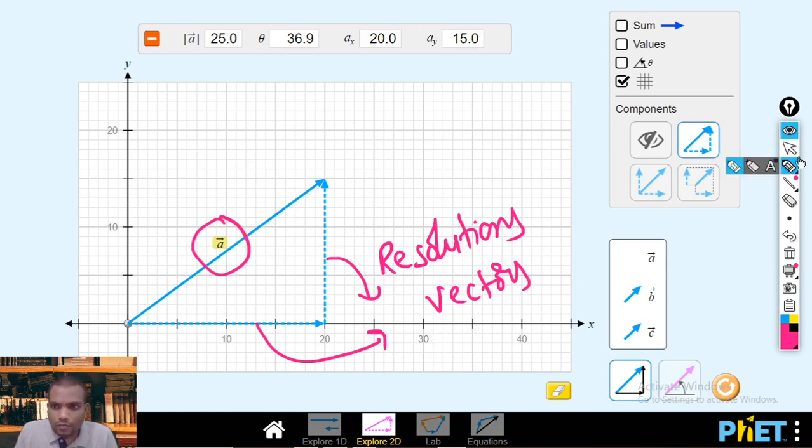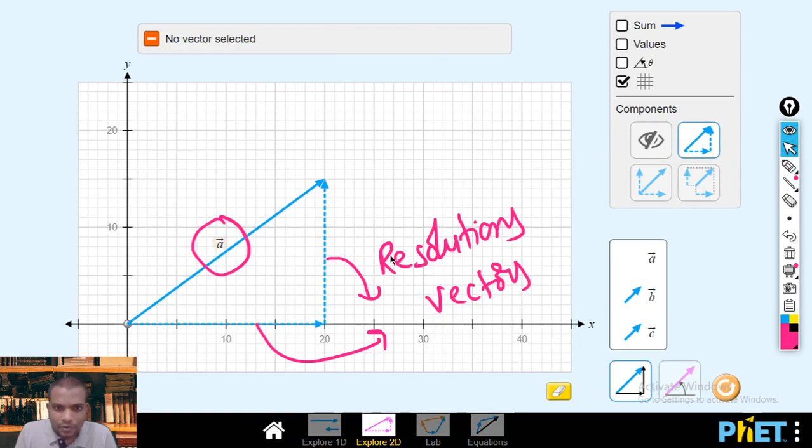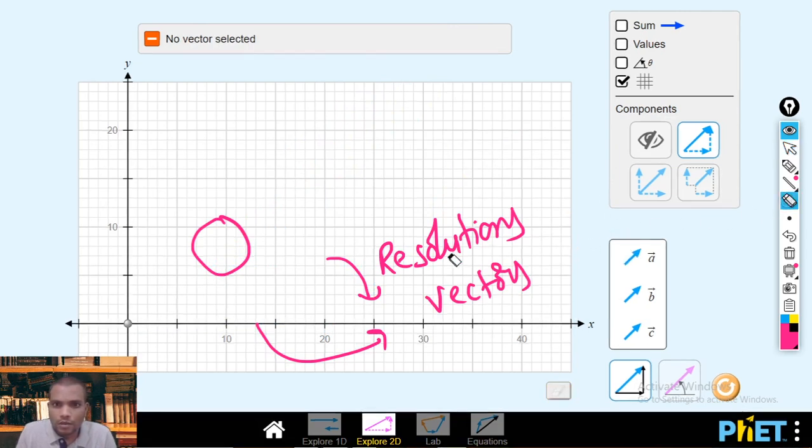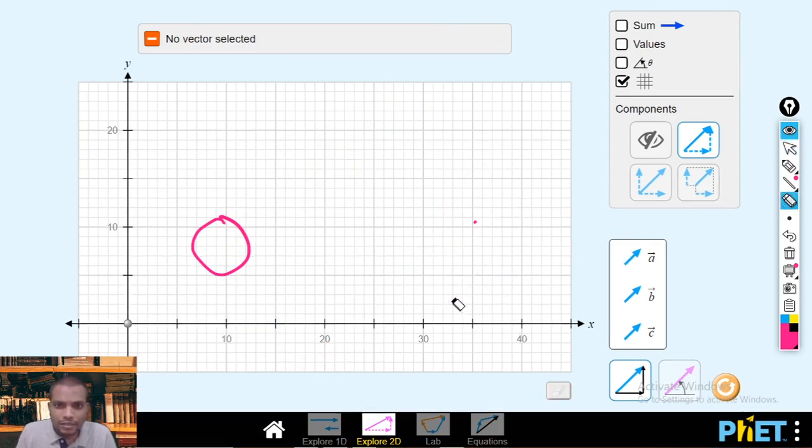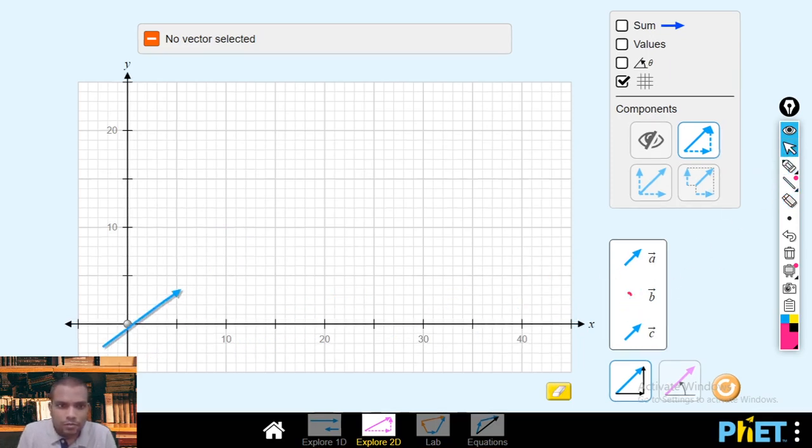Let us do one action before that. Let me shift this here. First I will take the two vectors along the x-axis and along the y-axis. Suppose this vector here is at 20.